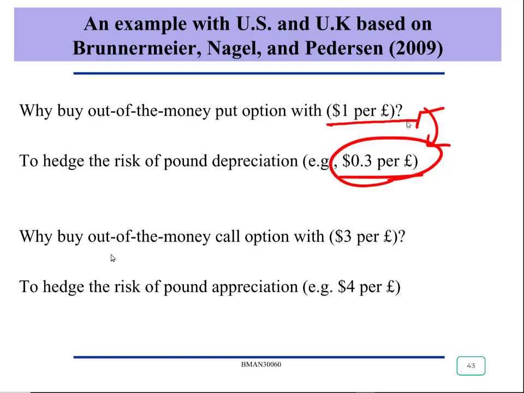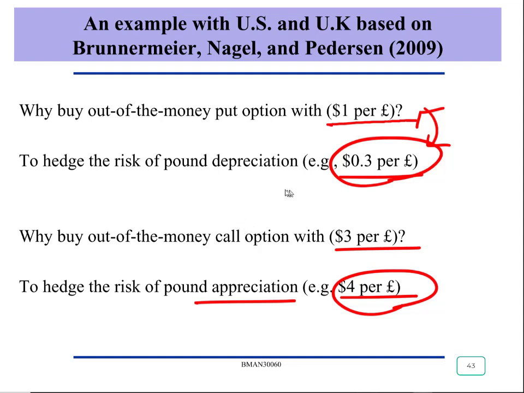And why buy out of the money call options? $3 per 1 pound. Here, you are worried about pound appreciation, like this one. So let's say this one happened in the future. Then, instead of buying 1 pound in the future spot market, you will exercise call options to get 1 pound by paying a lower dollar amount, $3.